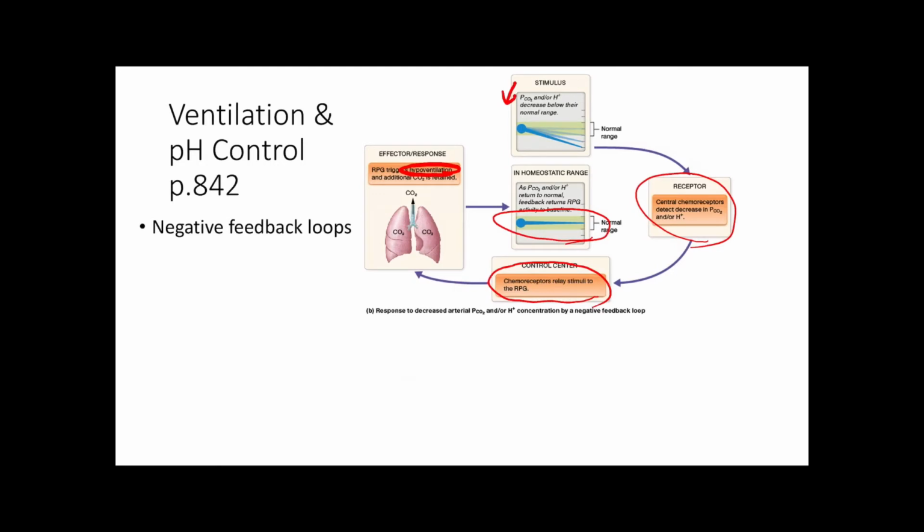So what we've seen in these last two examples of feedback loops is the relation between PCO2, acids, and respiratory rate and depth.